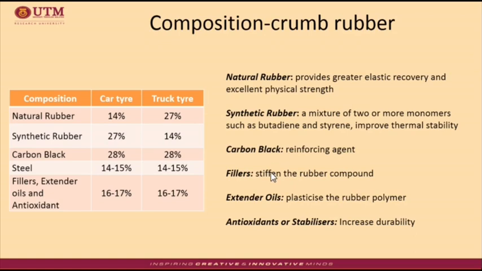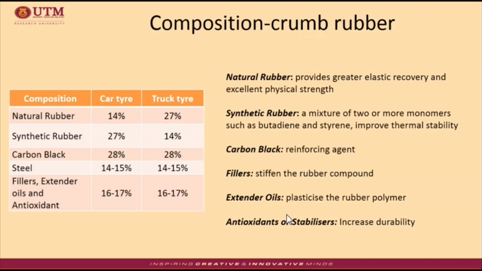And then fillers. The function of fillers is to stiffen the rubber compound, but an excessive amount of fillers could cause a loss of rubbery properties. And then extender oils. The function of this type of oil is to plasticize the rubber polymer, making it softer and easier to process, like reducing the modulus.